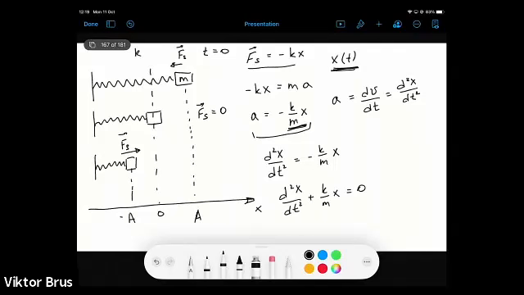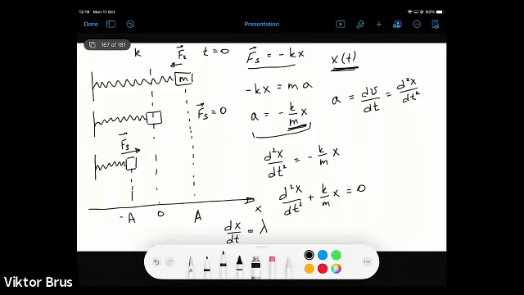We will consider that the derivative dx over dt, let's substitute it with lambda, and then based on this substitution, we can write the characteristic equation.